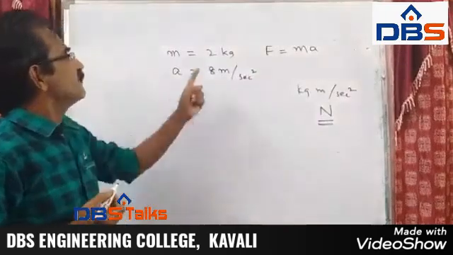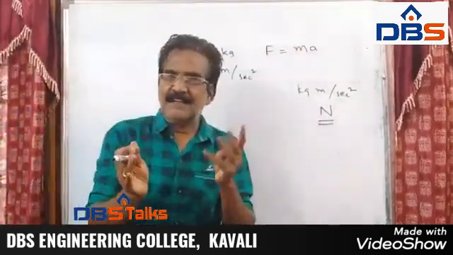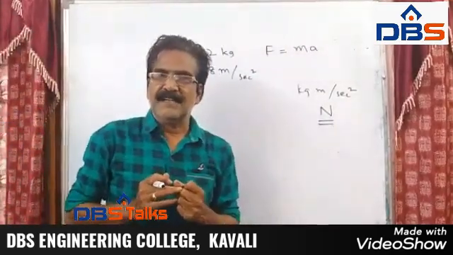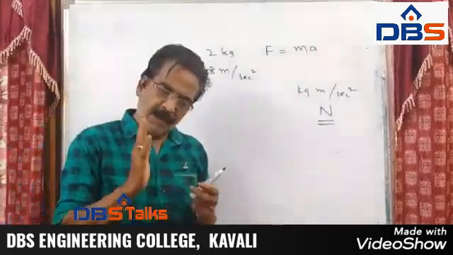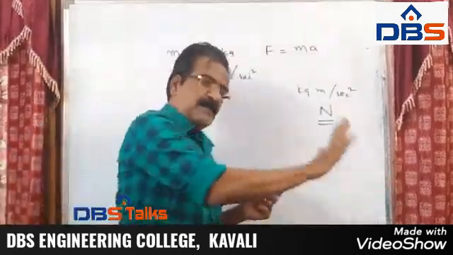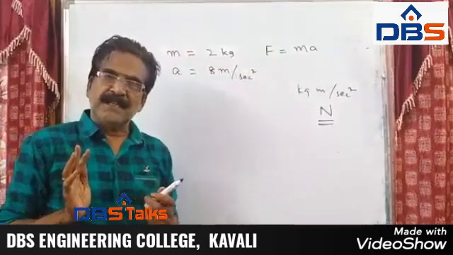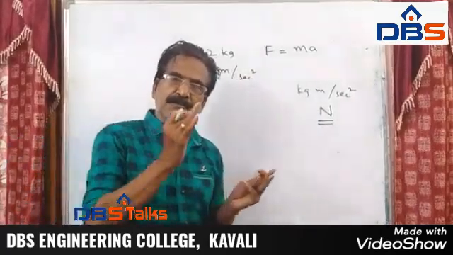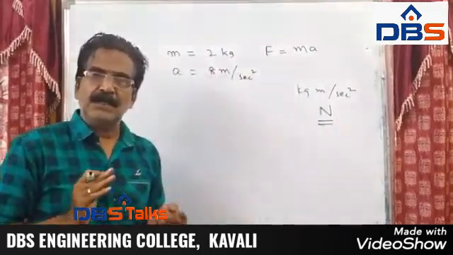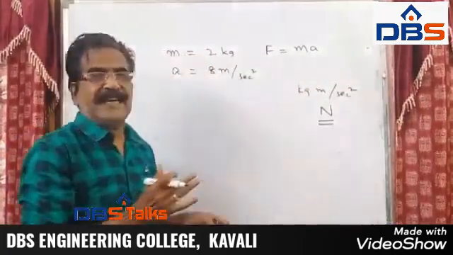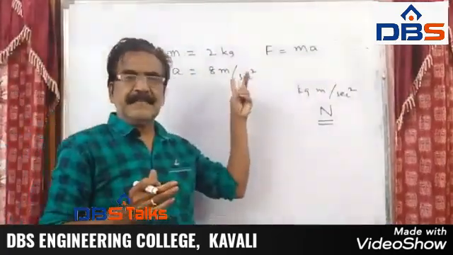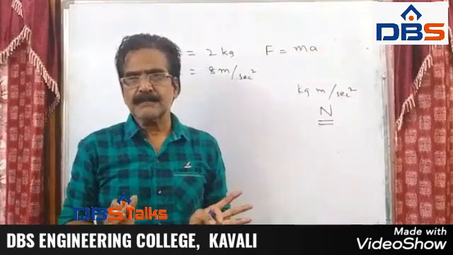So friends, the mass of the toy car is given. That is 2 kg. Then how much force should Usha apply on the car so that the car moves with an acceleration of 8 meters per second square?